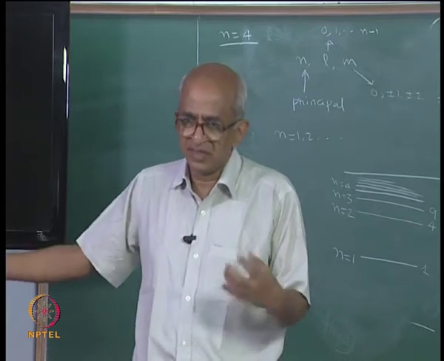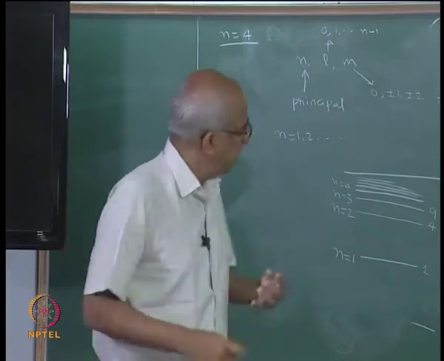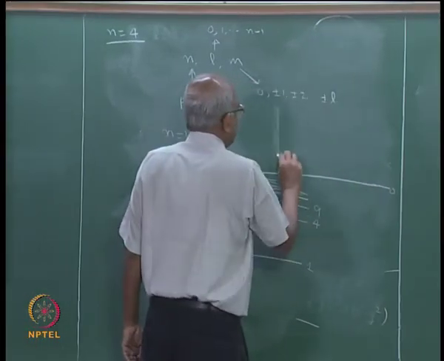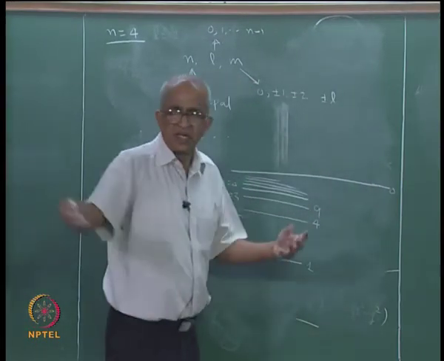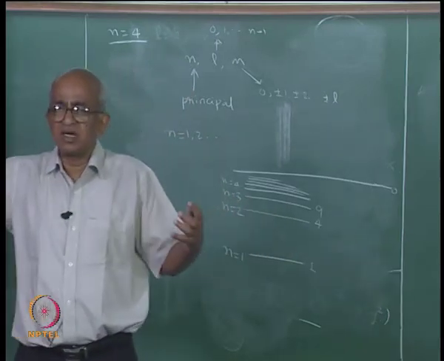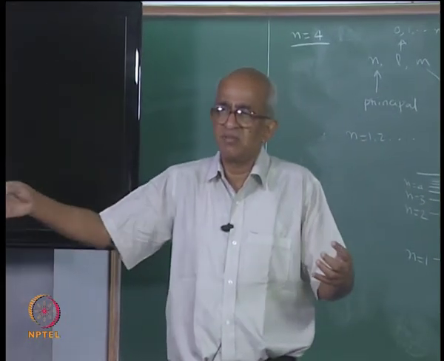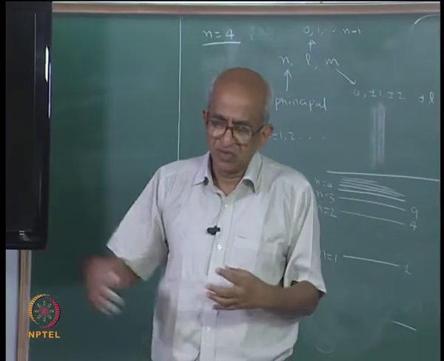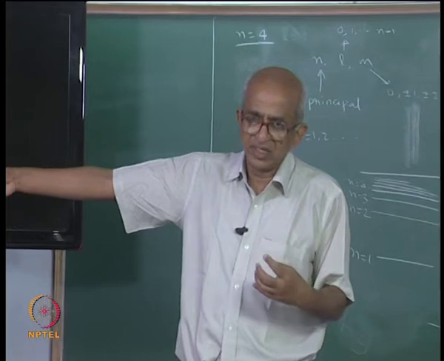I can give it any kinetic energy, and therefore I can solve the Schrodinger equation with the electron starting at infinity with some kinetic energy, coming near the proton and going away. And as I have told you, the kinetic energy that the electron initially has is determined by me.